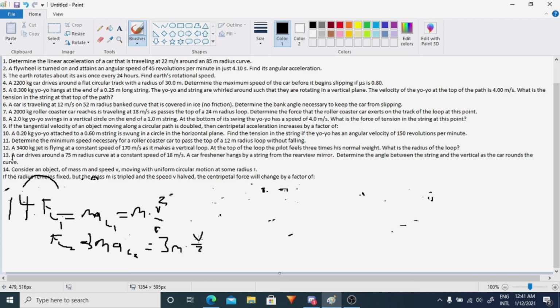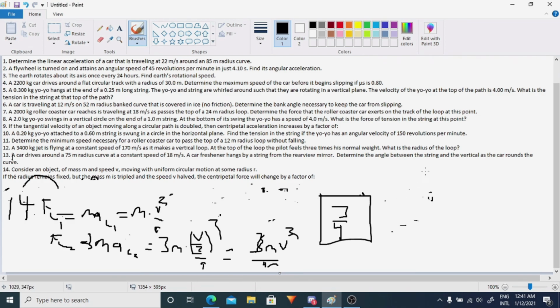So (v over 2) squared over r, which becomes v squared over 4r. So it's 3 m v squared over 4r, which we can see is 3/4 of this one. Therefore, centripetal force will change by a factor of 3/4.